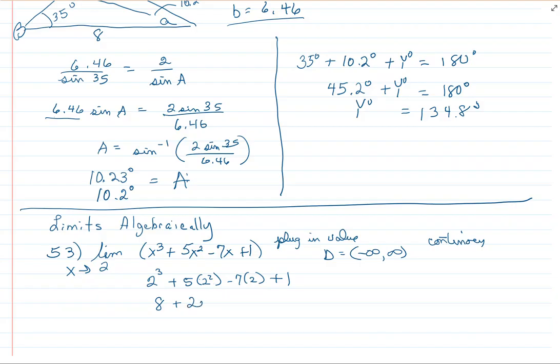This is 28 minus 14 is 14, isn't it? And plus 1 makes it 15. The limit as x approaches 2 of the function is 15. All right, 54.